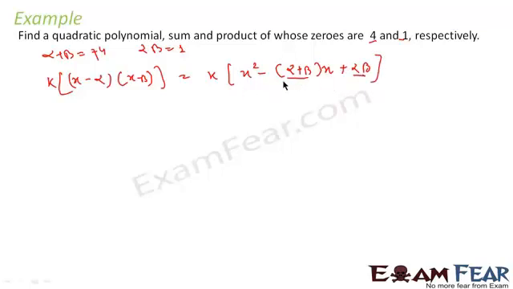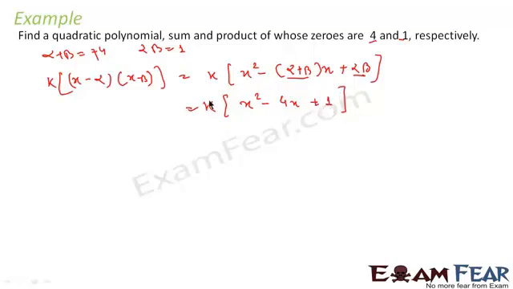Correct? Now let's put the values. So this becomes k into x square minus 4x, because alpha plus beta is 4, plus alpha beta is 1. Correct? Now since this is the value we have got, x square minus alpha plus beta x plus alpha beta, that is x square minus 4x plus 1.